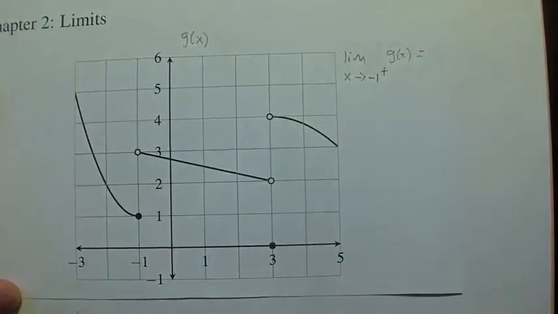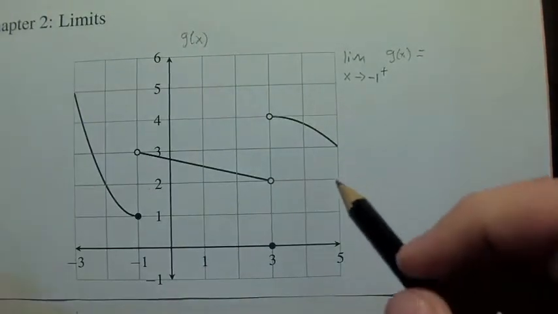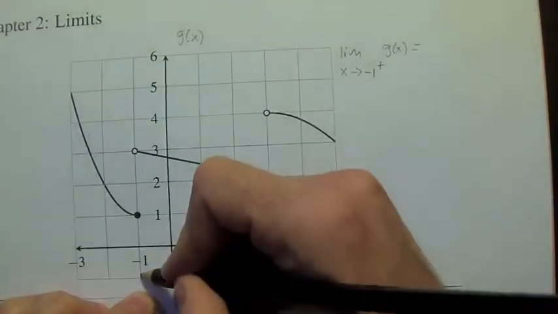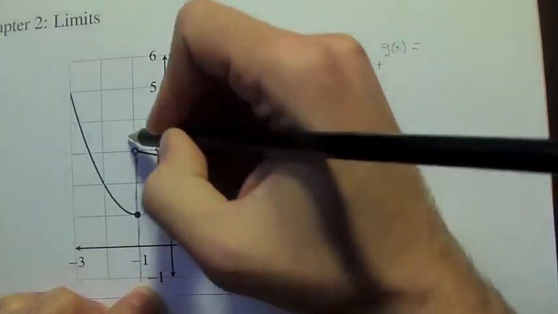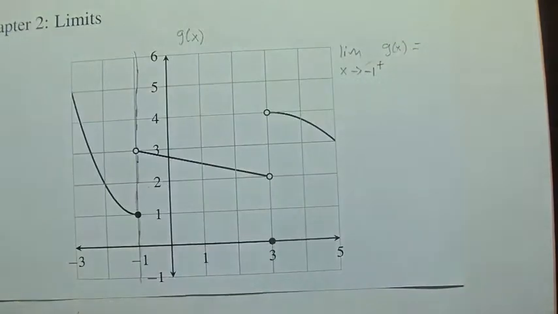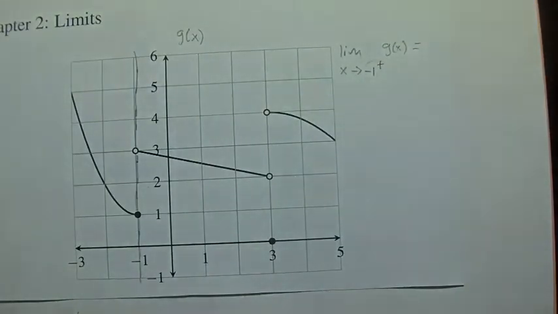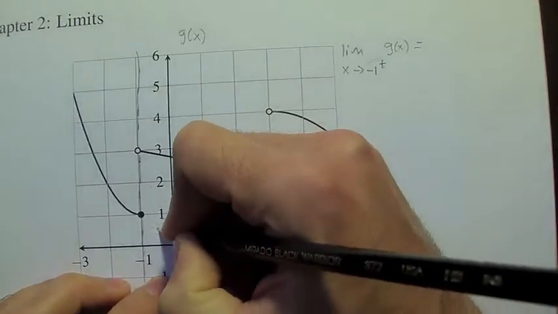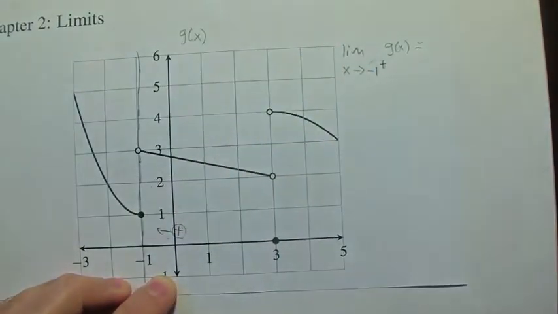Okay. So -1, remember the x value we're looking at is right here, so I'll go ahead and shade that on up. That's what we're looking at, and we're coming at it from the right. The plus sign means from the plus side, so we're going in this direction from the right.